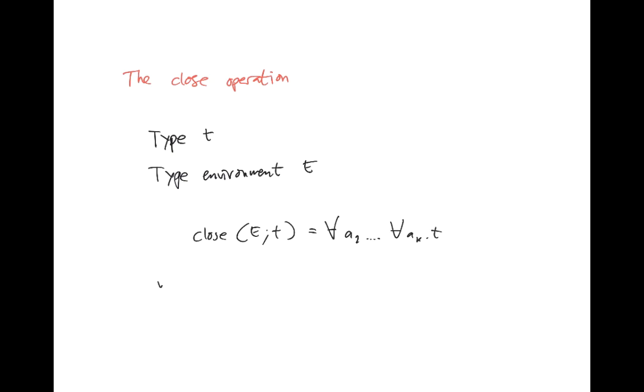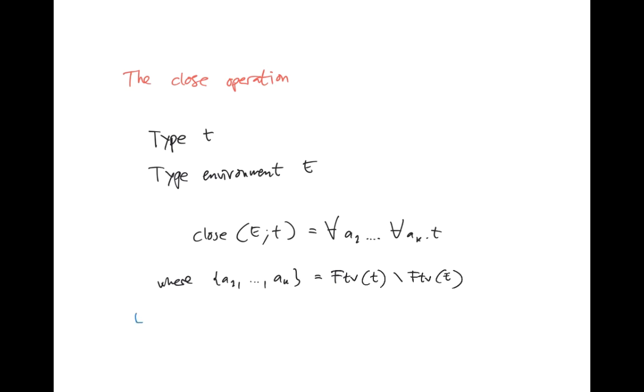T, where the A's are the free type variables in T minus the free type variables in E.